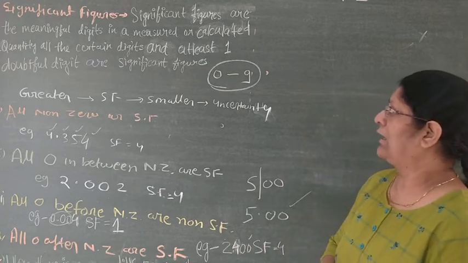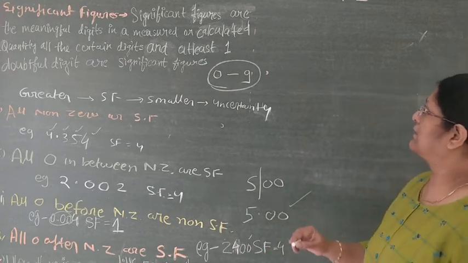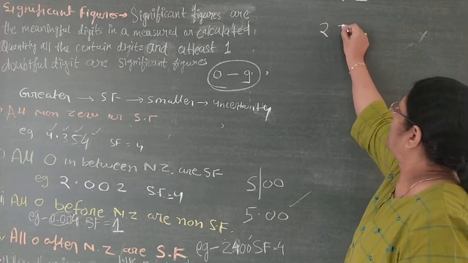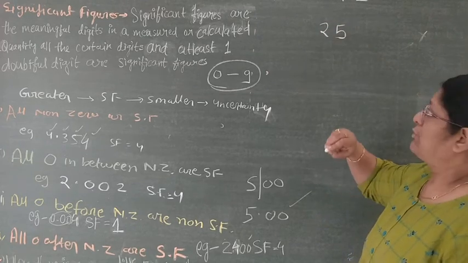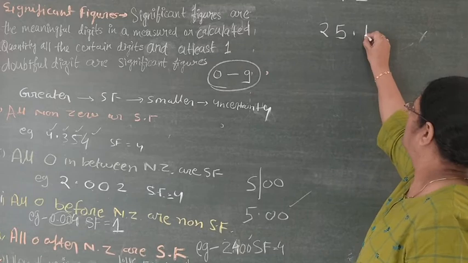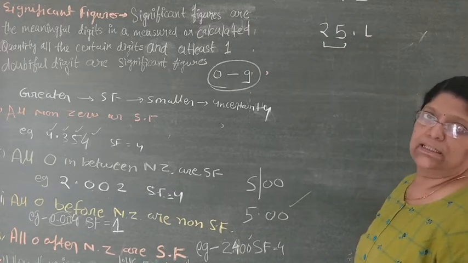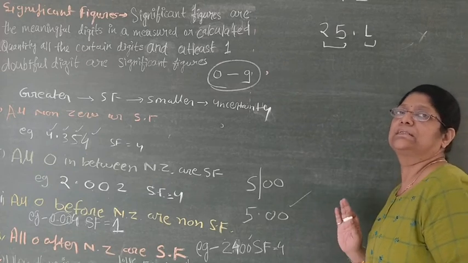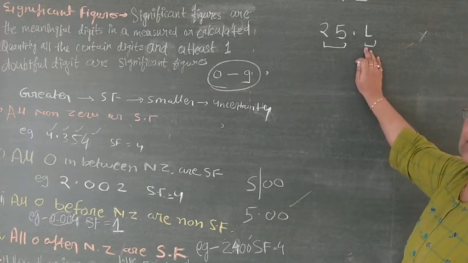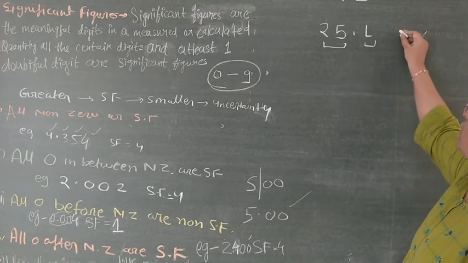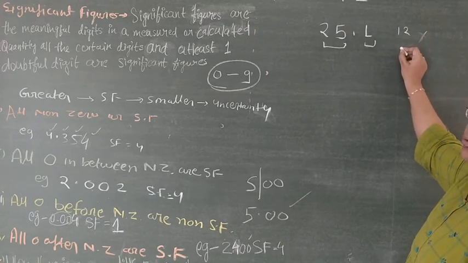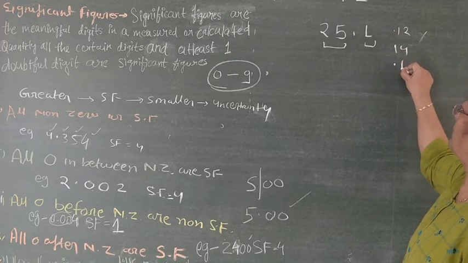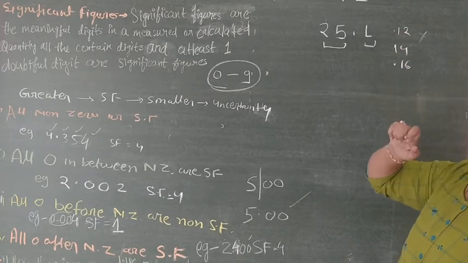Now we come to understand some significant digits, and you just have to find them out. Suppose I am writing 25.1. So 25 is certain and 1 is a doubtful digit. 25 is a certain digit and 1 is a doubtful digit. Which type of doubt? It may be 0.12, it may be 0.14, it may be 0.16, like this. We cannot measure exactly.